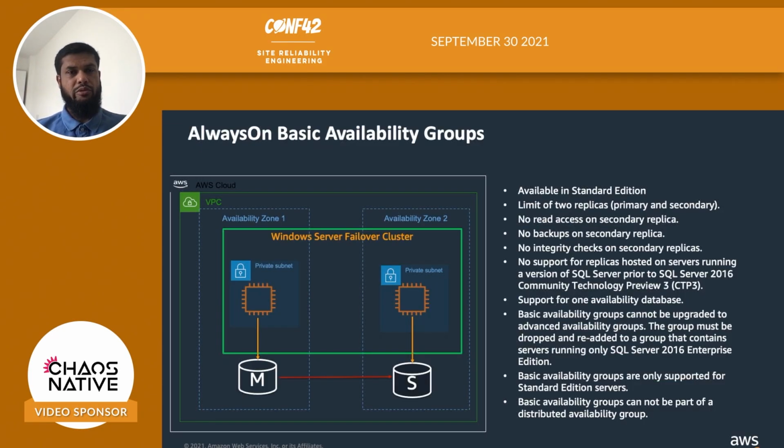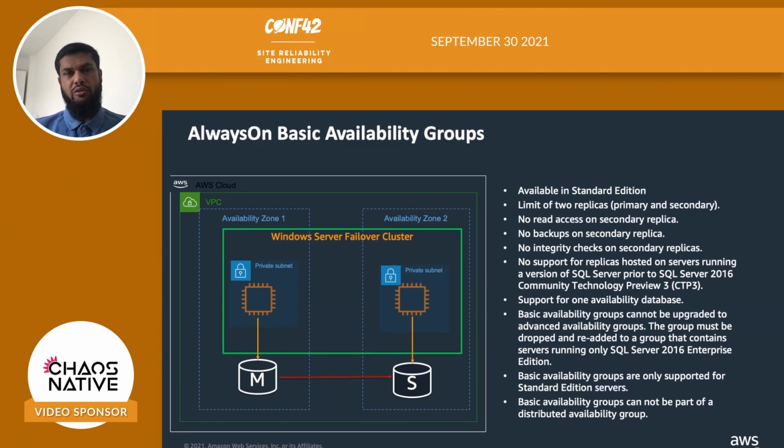So what are basic availability groups? It's a similar sort of thing to multi-AZ or FCIs, for example, but it's not really an FCI. The availability group runs on top of Windows failover clustering technology, but in FCI you have shared storage. With availability groups you have independent storage.